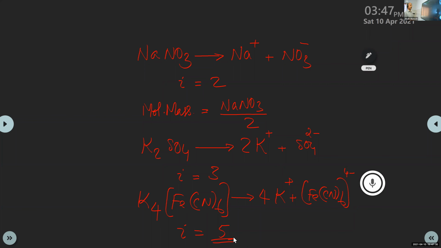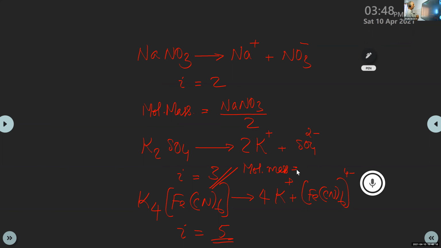If there is complete dissociation or ionization, then the Van't Hoff factor is the same as the total number of ions produced from one molecule, or from one formula unit. That is the Van't Hoff factor. We can easily determine the Van't Hoff factor. Similarly, molecular mass. You come to K2SO4, where the Van't Hoff factor is equal to 3, and therefore what will be the molecular mass if it is calculated by colligative property measurement?